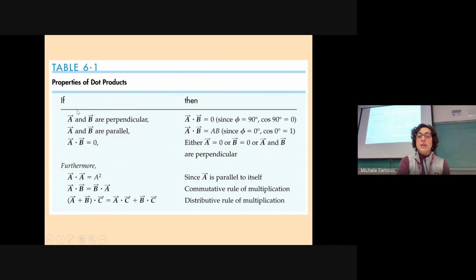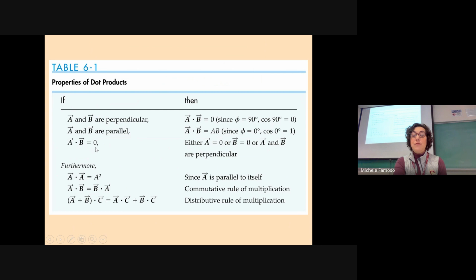If you're doing a dot product with vector A and vector B, and these two vectors are perpendicular, since the angle between them is 90 degrees, we know the cosine of 90 degrees is 0. It means that the dot product result of A and B is 0. There isn't one. If you're doing it with two vectors which happen to be parallel, their entire magnitudes get multiplied. So it's just A times B, the magnitude of A times the magnitude of B, because the cosine of 0 degrees is 1.